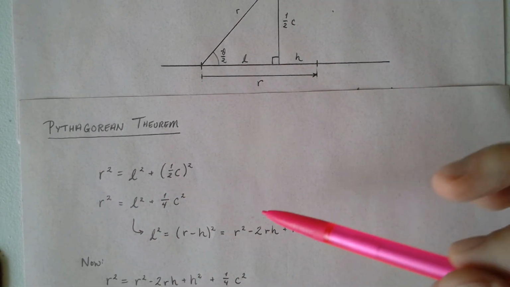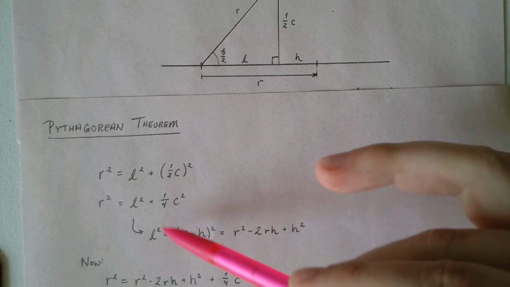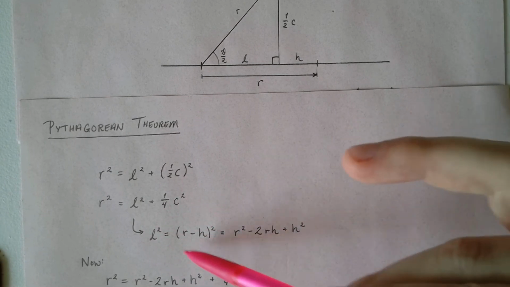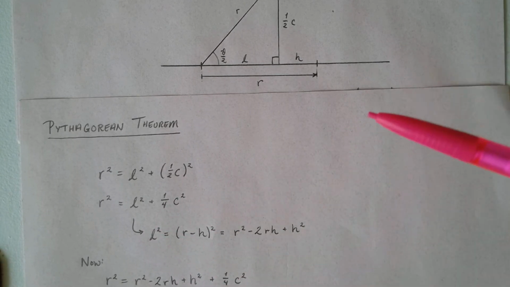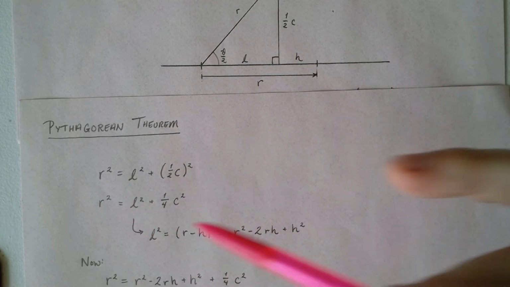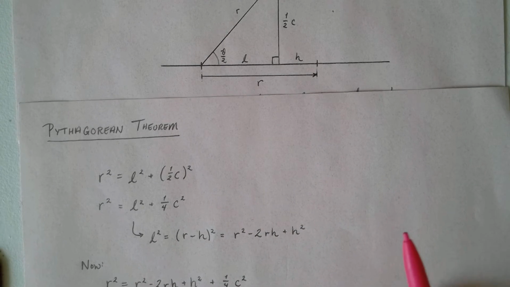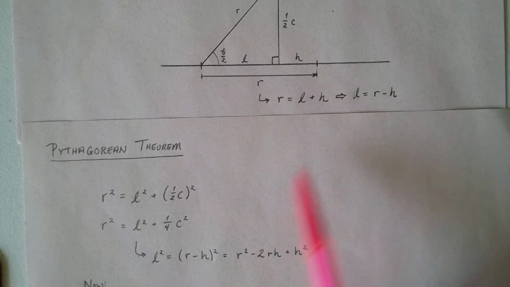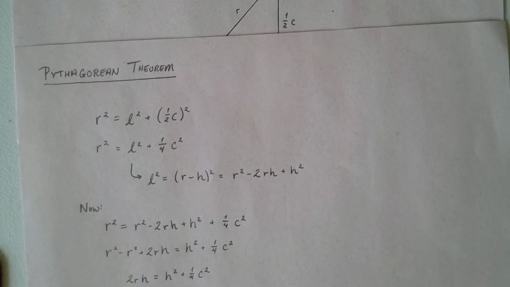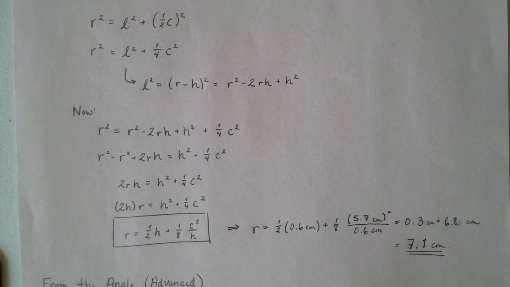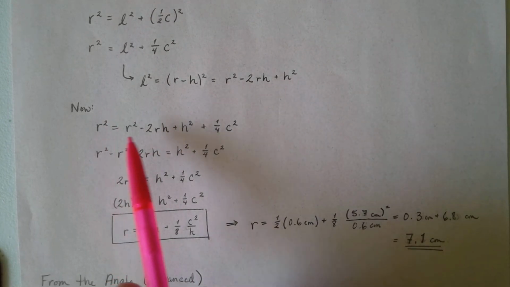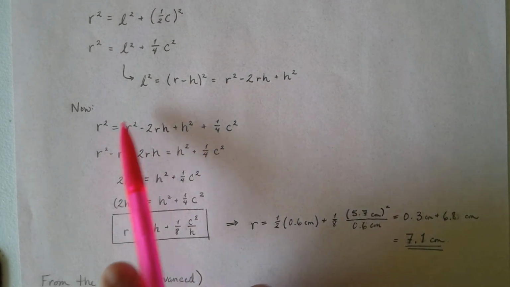So we get this relationship, and if we solve for L squared, we have another relationship of L that comes from here. We can square that and substitute it into our Pythagorean equation right here.